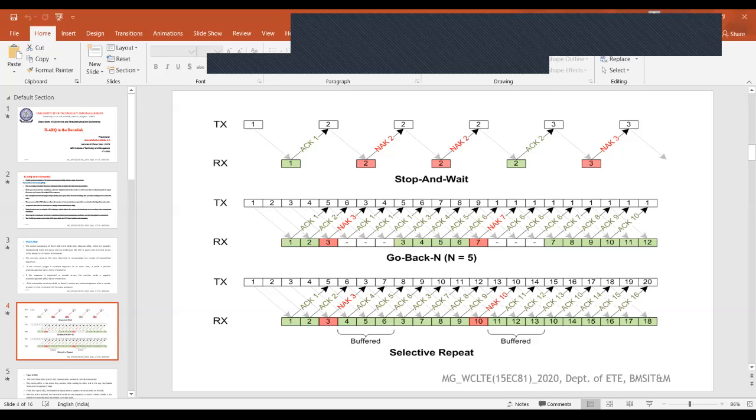When it starts receiving the acknowledgements, if the receiver finds an error for some packet, then for that particular packet it sends the negative acknowledgement. Then it restarts transmitting the packets from that point. So that is what happens here.